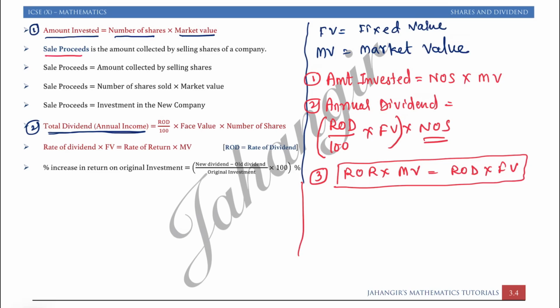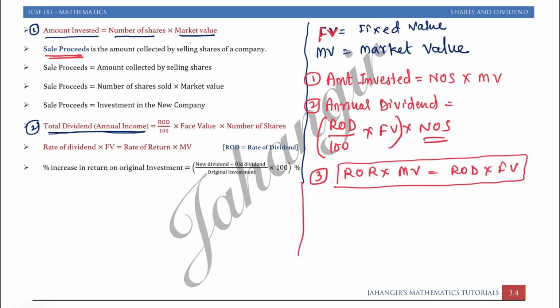Now sale proceed is another term that we will understand when we are doing exercise questions. At that time I will explain what sale proceed is. Right now these terms are quite enough to finish the whole chapter. We have 3-4 questions on sale proceed. Till that time, go through the concepts I have explained.